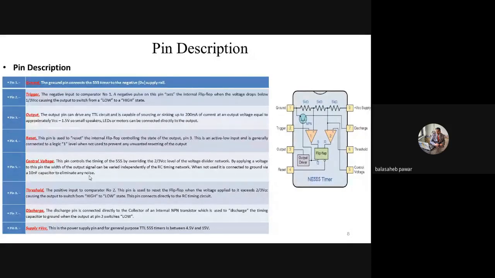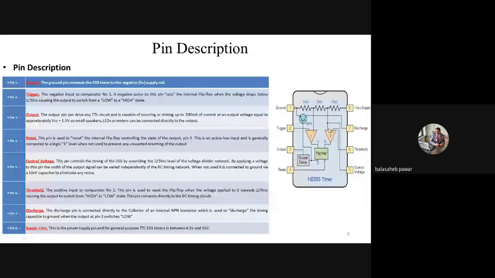Then pin number 6, it is threshold. You will observe that the threshold pin is connected to the non-inverting terminal of the second comparator. So you will get a clear idea of why it is titled threshold, because it compares with the DC voltage available at the inverting pin of that second comparator.